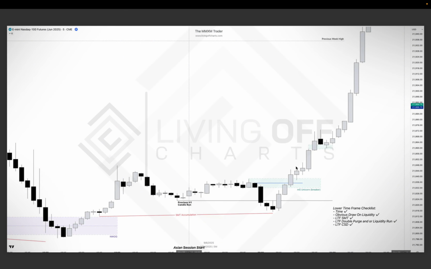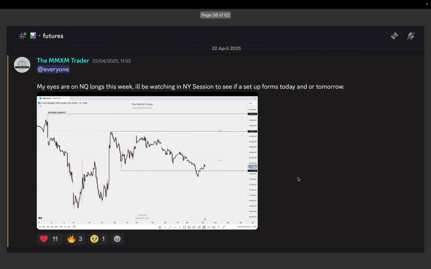You can then look for longs, and we can see the breaker unicorn model holding right there after the change in the state of delivery. Okay, so this would be the fourth formation of the BLITZ model. So very clear framework here, and you have three different options within the 4-hour distribution candle to look for a trade. And if you guys stick with this, like I said, you do not need anything else.